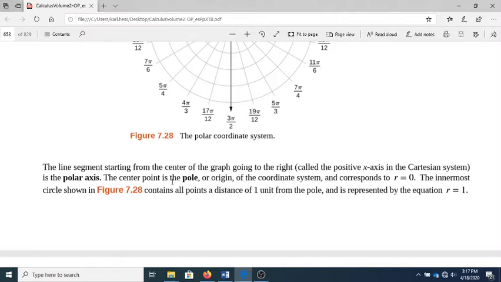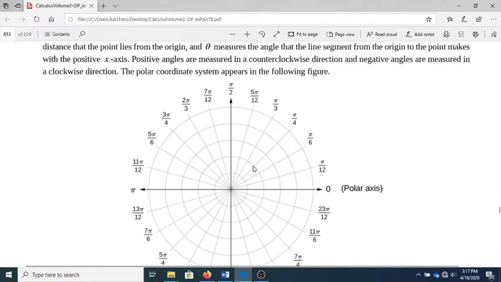You can imagine you're looking down on the North Pole. The origin is the North Pole, and these radial lines would be lines of longitude measuring angles horizontally around the globe. That's the analogy they're making. Alright, let's head back over to the outline.